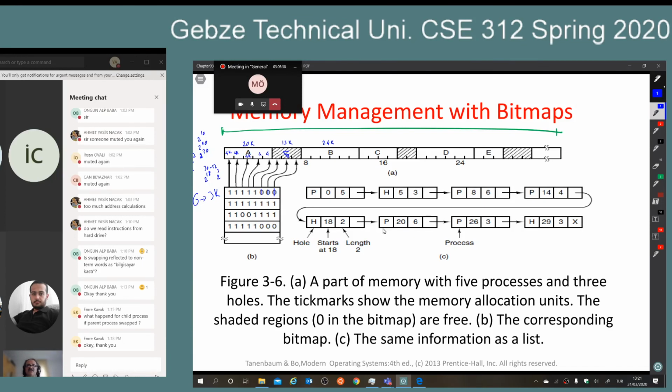List representation. It says that from page number 0 to 5, it is occupied. There is a process.